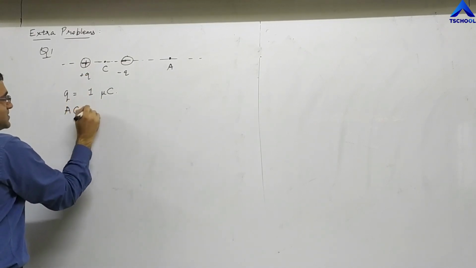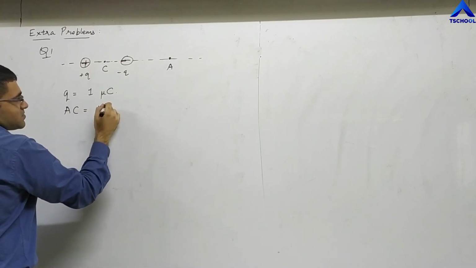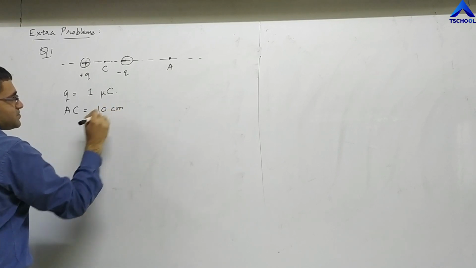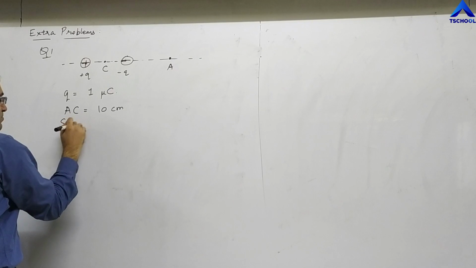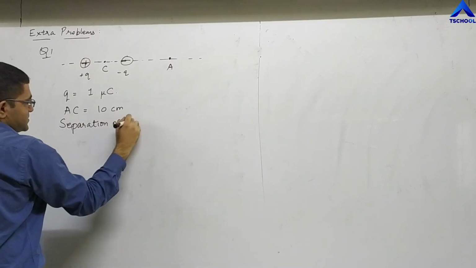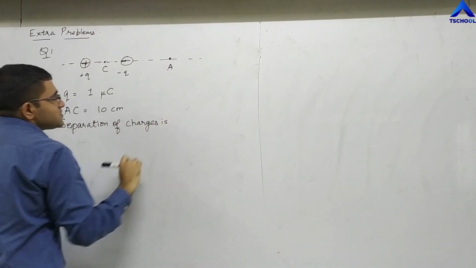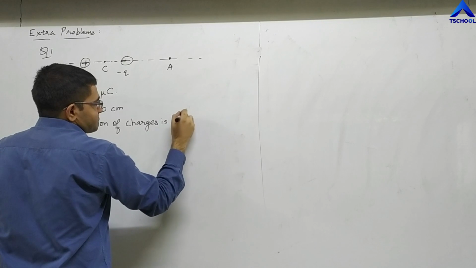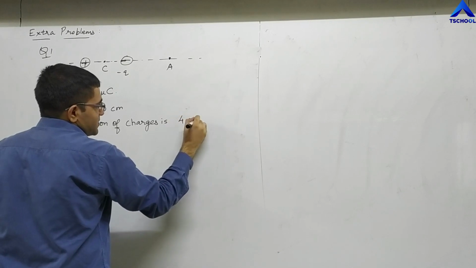The distance AC is, let's say, 10 centimeter, and the separation of charges is, let's say, 5, never mind, 4 centimeter.